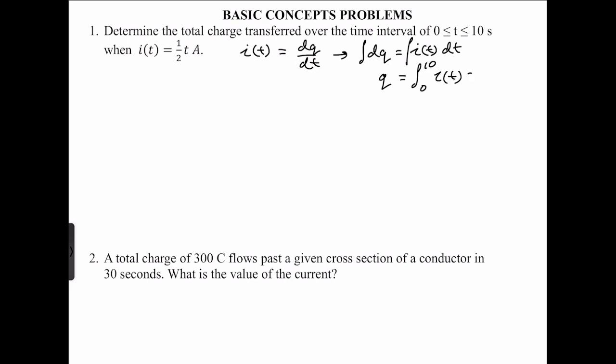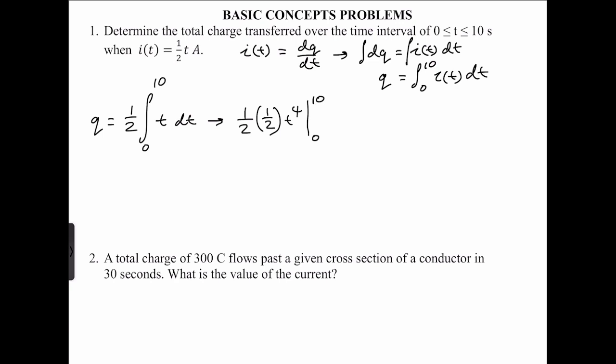i(t) dt. So we can then say the charge is equal to, we can bring the half out and then integrate the current from 0 to 10 seconds. Just put i(t), let's put t dt. We then get 1/2 t to the power 4, from 0 to 10 seconds.